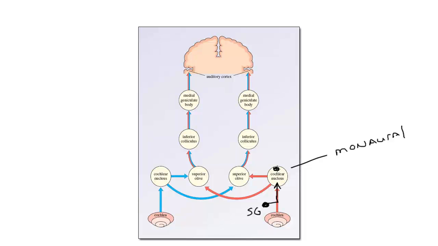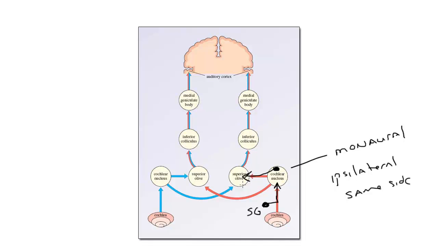But the cell bodies in here do a couple of interesting things. So some neurons in the cochlear nuclei send their axons in such a way that they terminate ipsilaterally on the same side. Ipsilateral means same side. They terminate ipsilaterally in a complex, a pair of nuclei in the superior olive.